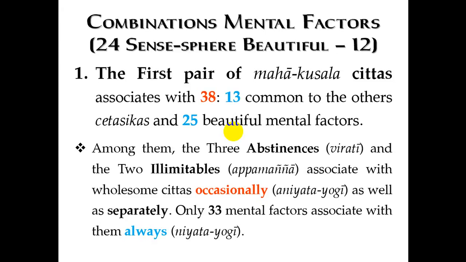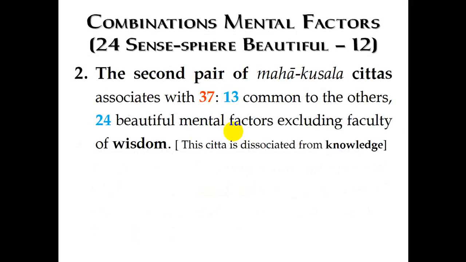Sometimes we do wholesome deeds without knowledge, but still it is considered a wholesome deed. So in the second pair of Mahakusala, only 37: 30 common to the others, and 24 beautiful mental factors, excluding the faculty of wisdom.